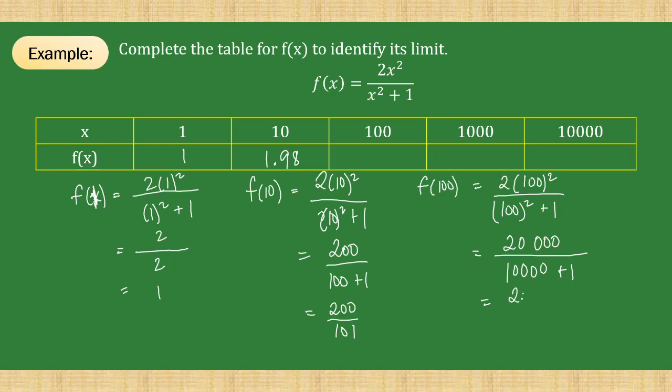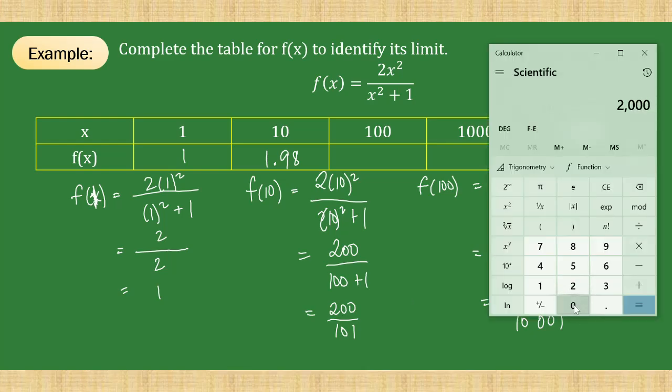So this is 20,000 all over 10,001. Let's use again our calculator. We have 20,000 divided by 10,001. This time, let's round off to the fourth decimal number. We have 1.9998.